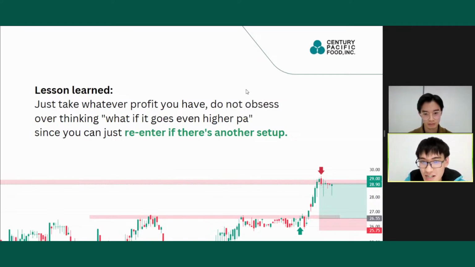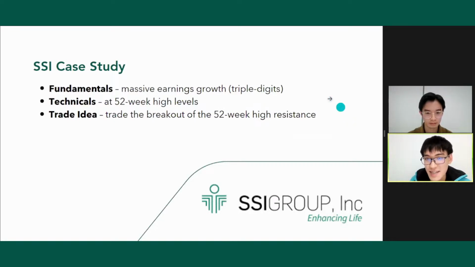But for me, I'm not the type to really hold very long. I just want to hold for less than a month, like a few days to weeks. If that's your trader profile, then that's how you set your targets. For me, I'm just looking for that few days to 1 week move, then I'm out because I'm already happy with that gain, right? So that's for CNPF.